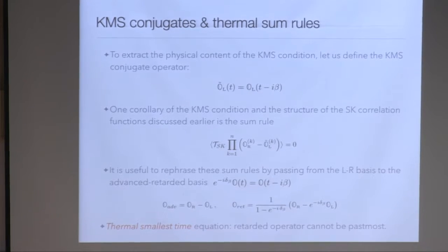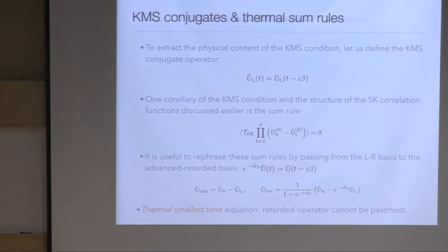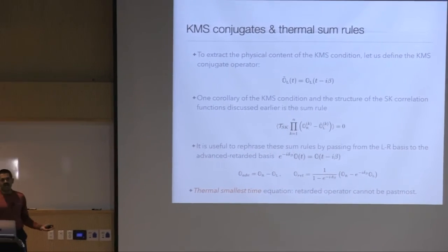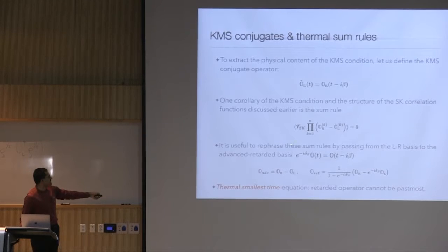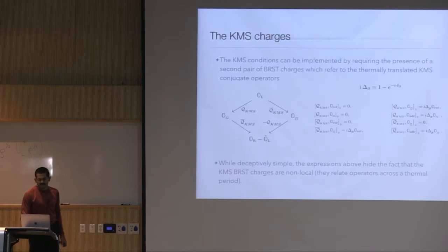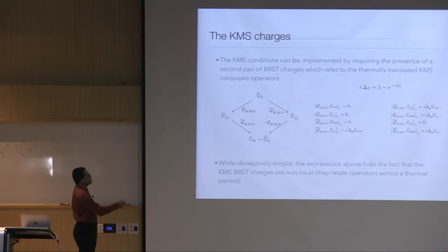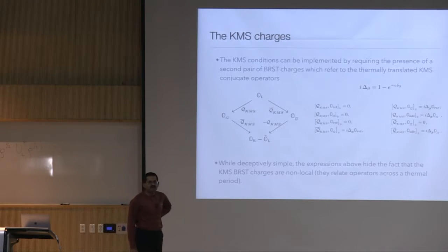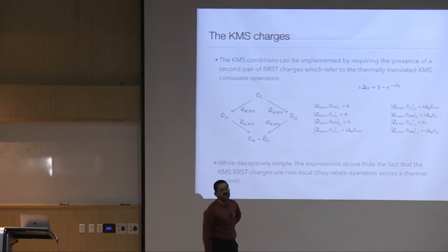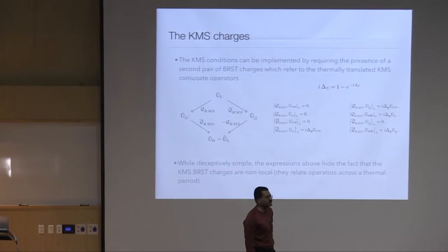For my purposes, I'm just going to try to do the following. I'm going to again assert that there is a BRST charge, a pair of BRST charges, if you will, for this word identity. You've done it once, you can do it again, and we just call them the Q_KMS because they come from the fact that you have a thermal density matrix and are associated with the KMS condition.